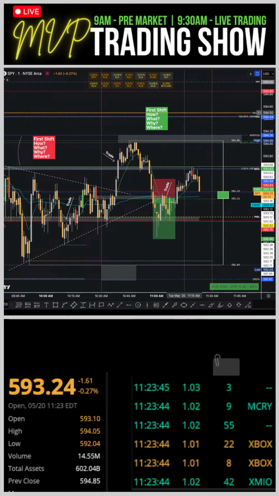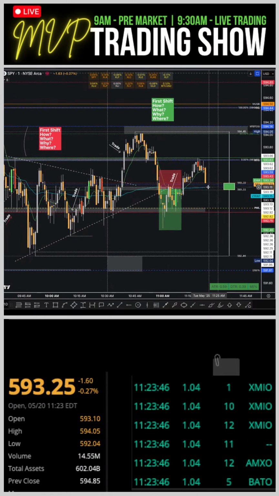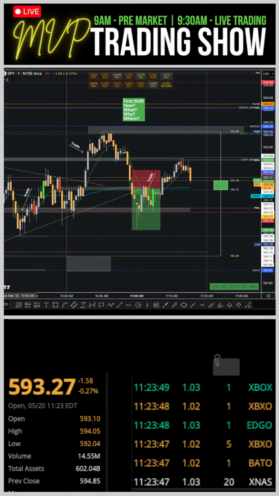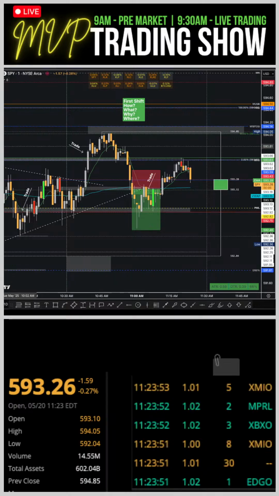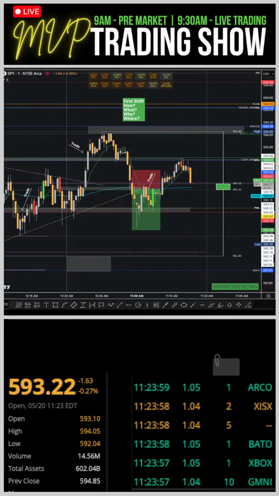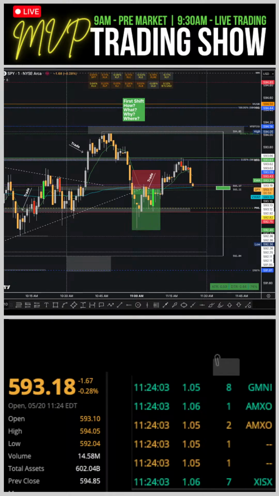But you see how price is gravitating towards these key levels, guys. Right, that's what price is gravitating back towards. So you have to have these key levels on your chart.